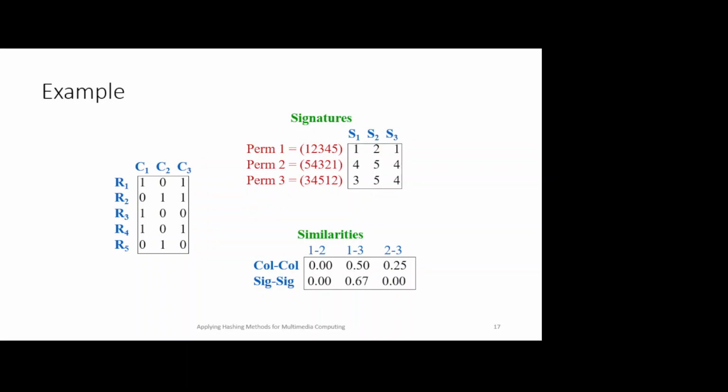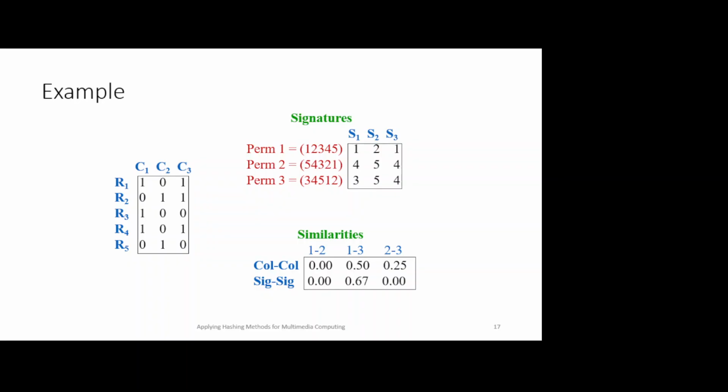And then we want to generate the second min hash value. We use the second permutation. The order is 5, 4, 3, 2, 1. The order is reshuffled like this. So it means you have to check this matrix in the order 5, 4, 3, 2, 1.